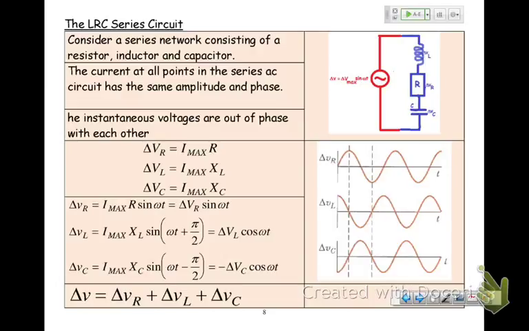The instantaneous voltages are out of phase with each other. So the EMF here at any instant is not the arithmetic sum of the potential differences. It's the vector sum of the potential differences.